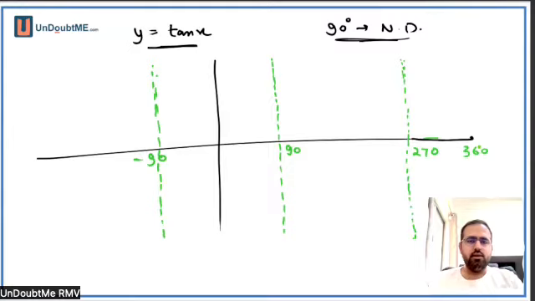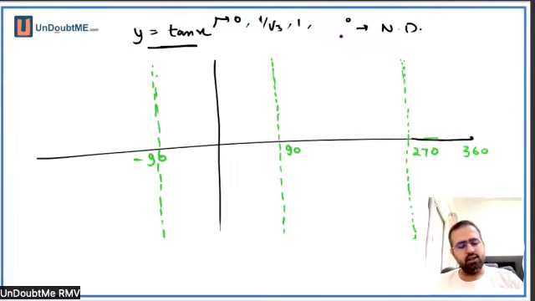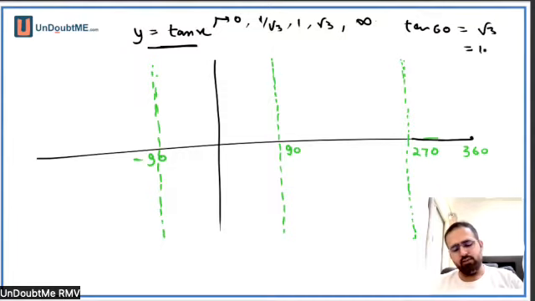Now what will that pattern be? For that, we'll recall the values of tan which we did in grade 10. Tan 0 was 0, tan 30 was 1 by root 3, tan 45 was 1, tan 60 was root 3, and tan 90 was not defined. Root 3 is 1.73. Use your calculator and get the values of tan 75, 80, 81, 82.